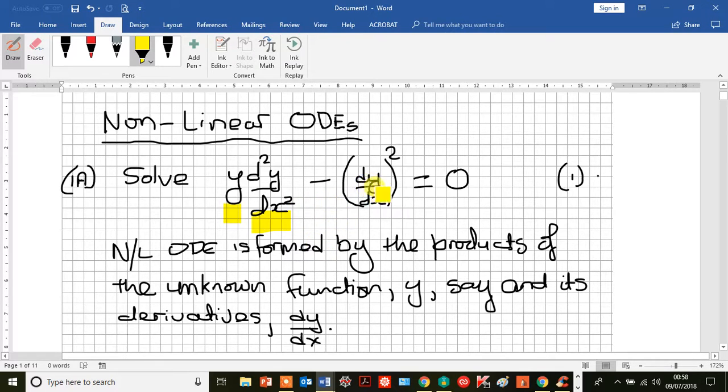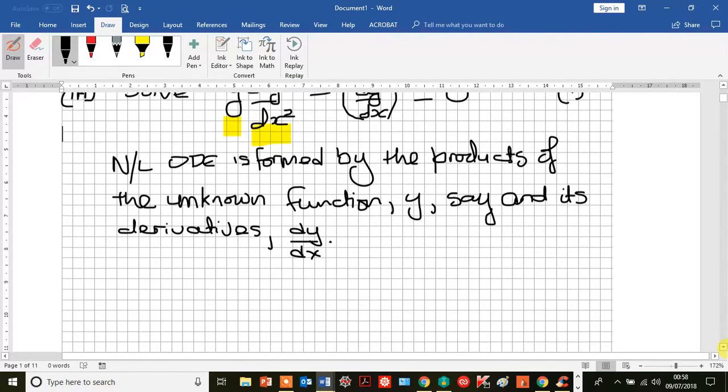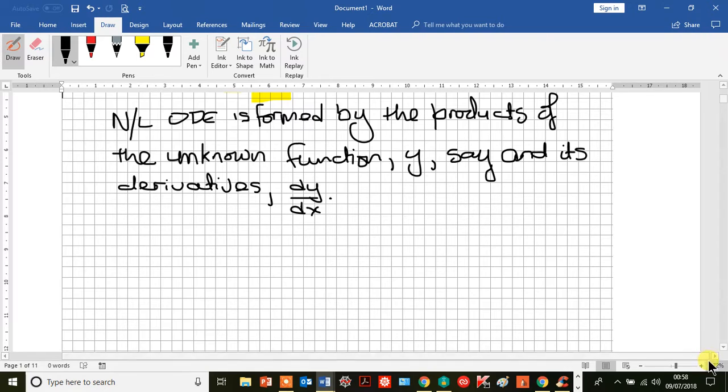And here we have a product of y's own derivative with y's own derivative, so it's a derivative squared. So all of these factors mean that this equation is non-linear, but in order to solve it, we have to try and linearize it, at least put it into linear form.